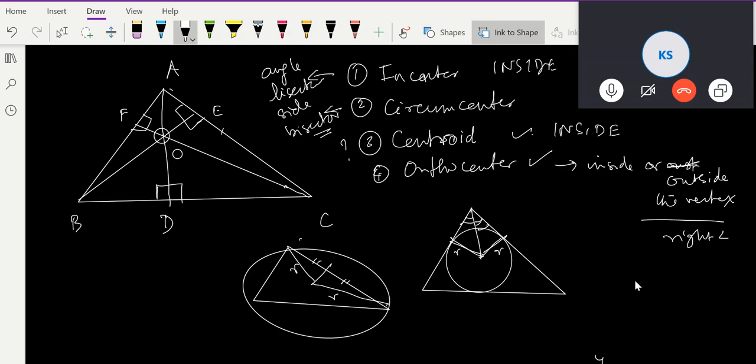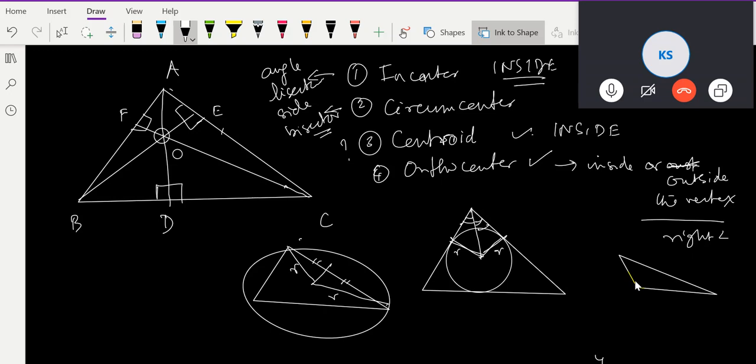So in the case of incenter, because the circle is inside, it has to be inside. However, the circumcenter can lie outside if it is an obtuse angle triangle.